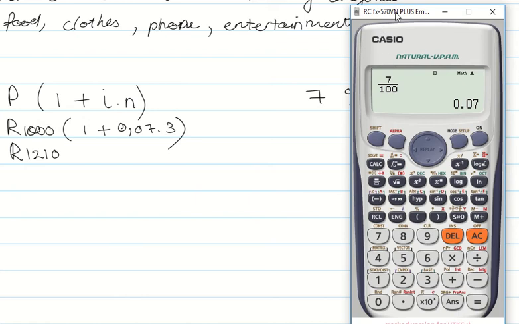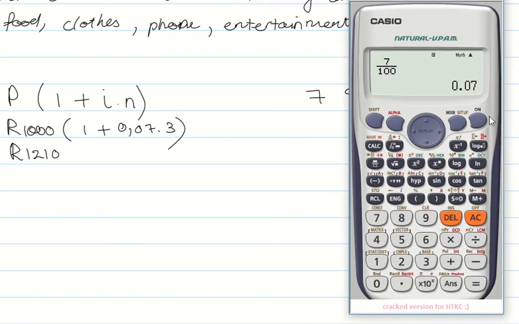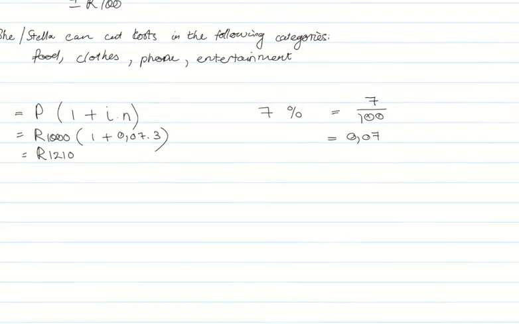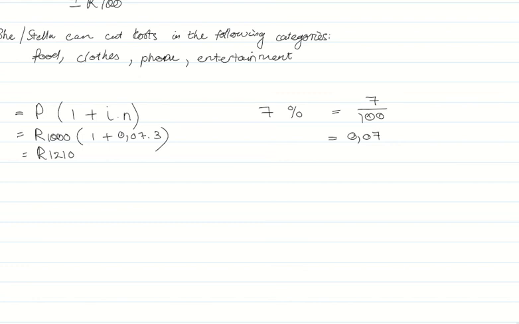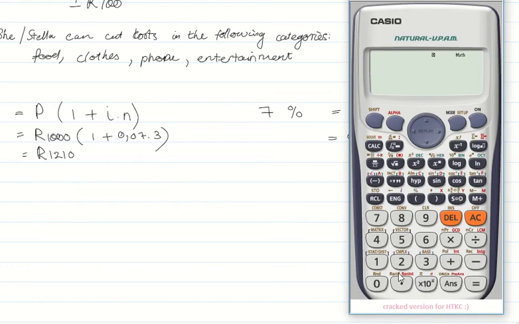Basically, I'm going to my calculator and typing in the whole thing as it stands here. So I type in 1,000 Rand, and remember, although it isn't there, I want you to put in the multiplication, multiplied by bracket 1 plus 0.07 times 3, and then I close my bracket, and I get my answer of 1,210.